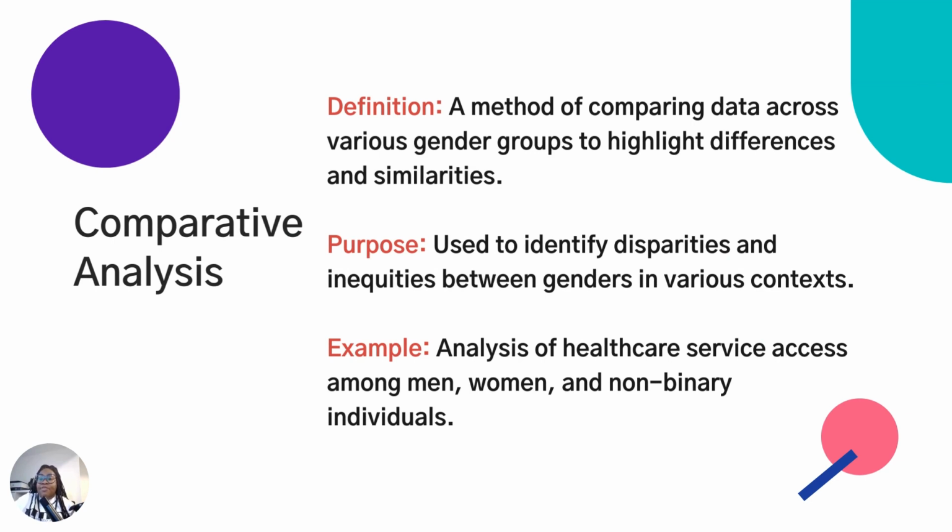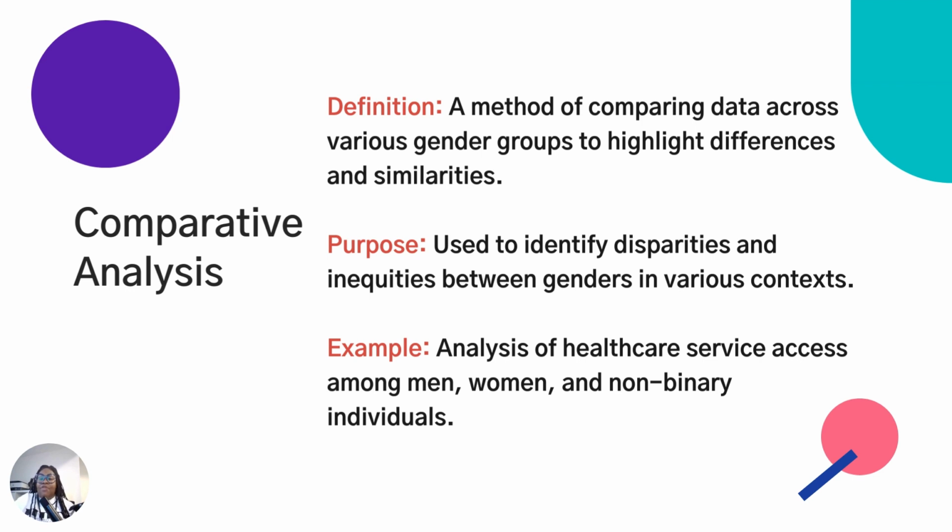In our first detailed technique for gender sensitive analysis, we explore the comparative analysis technique. This technique involves examining and comparing data across different gender groups. The goal here is to identify disparities that might exist between or amongst genders. For instance, when evaluating a healthcare program, we might compare access to services among men, women, and non binary individuals.